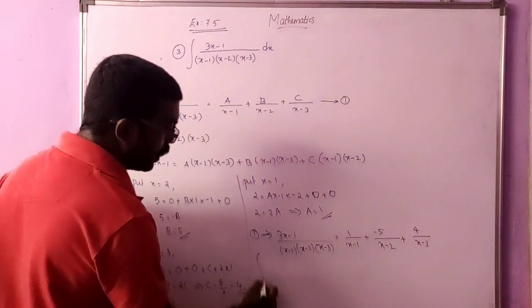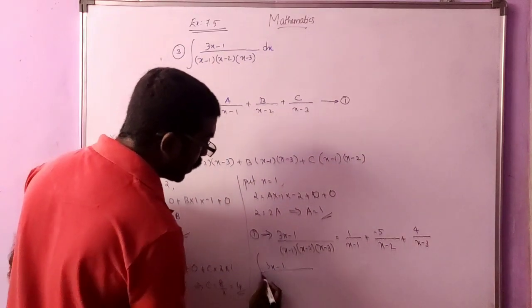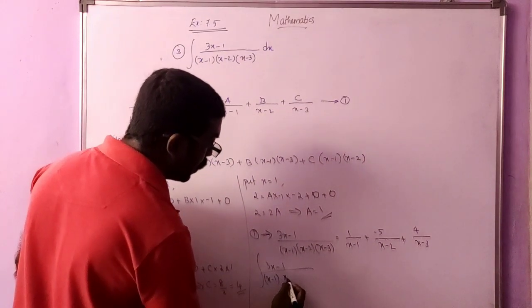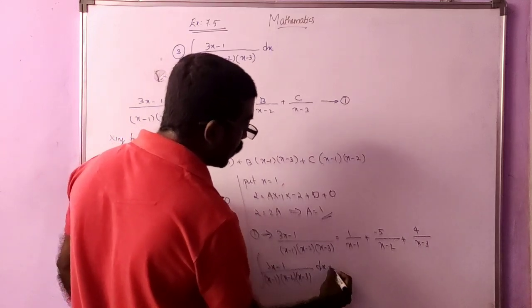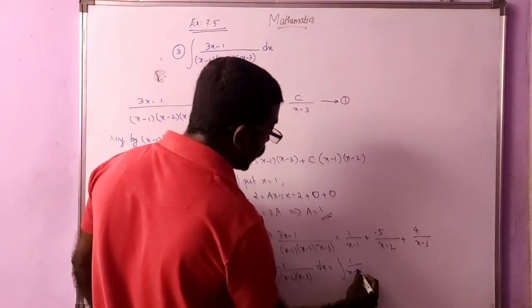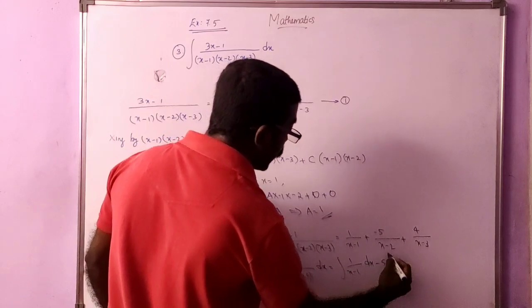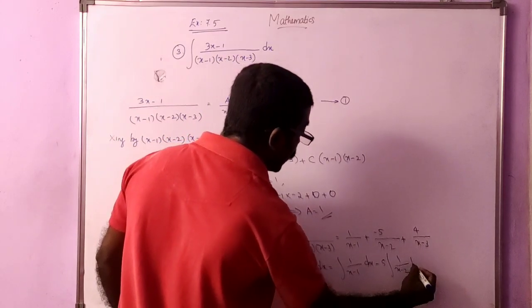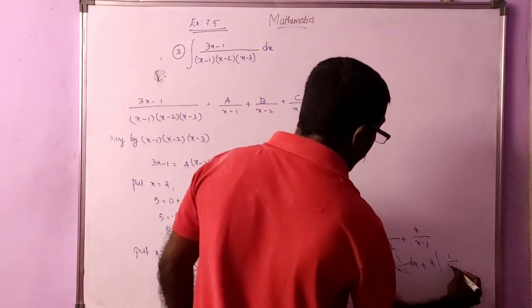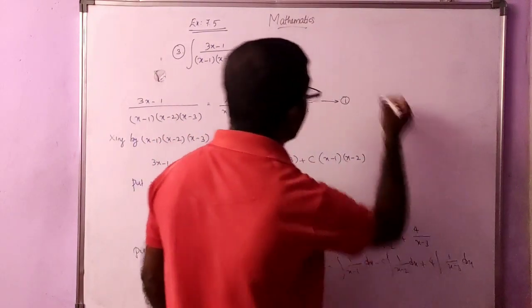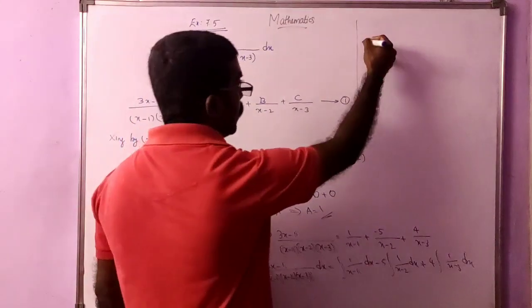Now we can integrate. Integral 3x minus 1 divided by x minus 1 into x minus 2 into x minus 3 dx is equal to integral 1 by x minus 1 dx minus 5 into integral 1 by x minus 2 dx, then plus 4 into integral 1 by x minus 3 dx. So what we get?